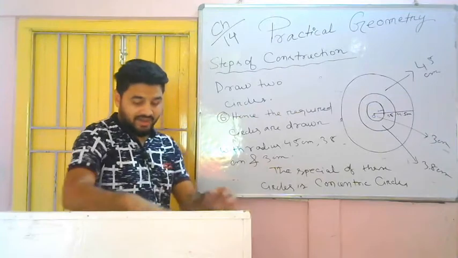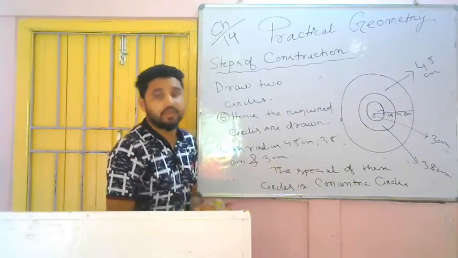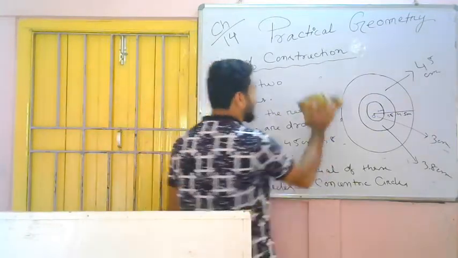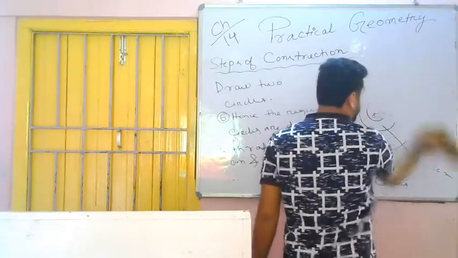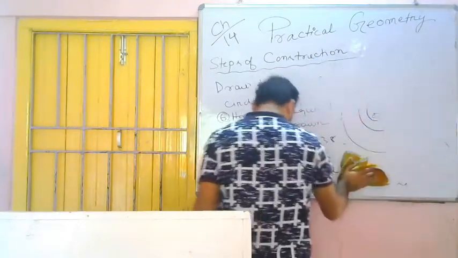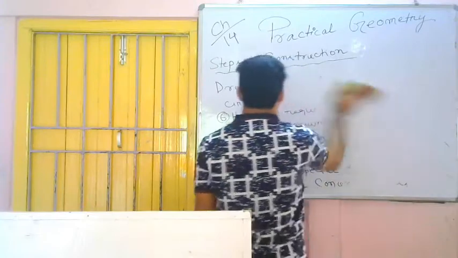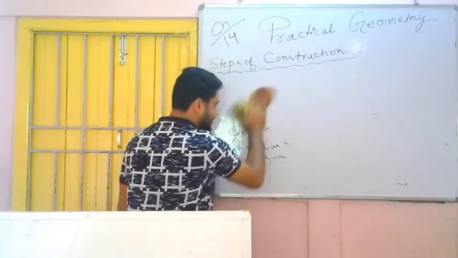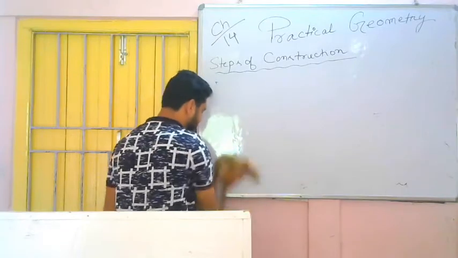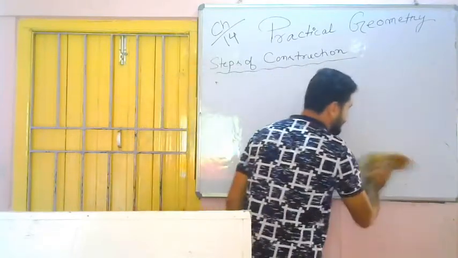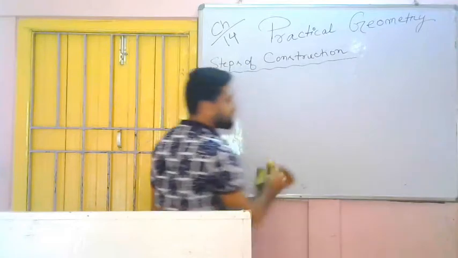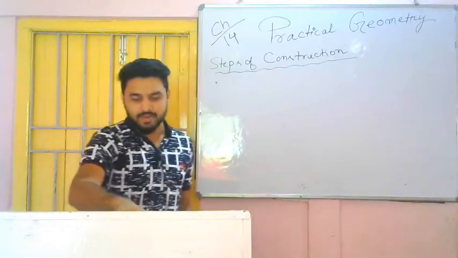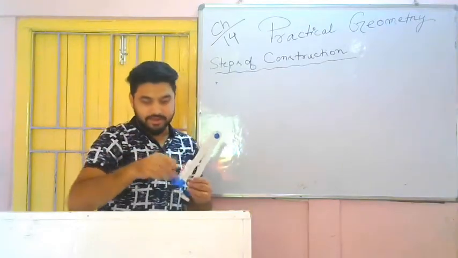So you see, first you draw a circle of radius 4 centimeter. Let me try again with this compass taking 4 centimeter.